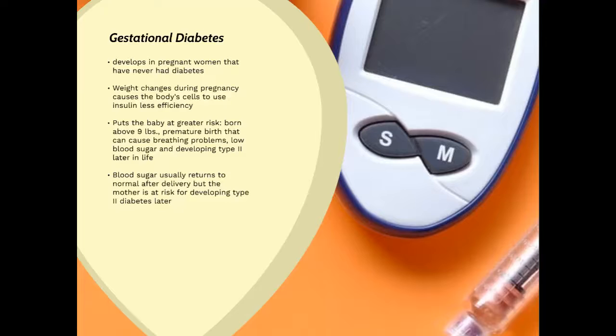Babies born to mothers with gestational diabetes can weigh 9 pounds or over, and may have premature birth that causes breathing problems in the infant, low blood sugar levels, and an increased risk of developing type 2 diabetes later in life. The blood sugars in the mother usually return to normal after delivery, but the mother is at risk for developing type 2 diabetes later in her life.